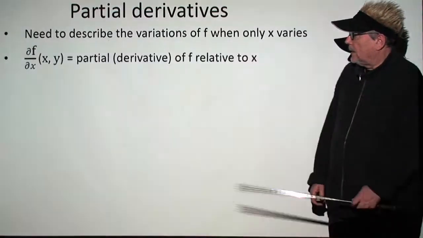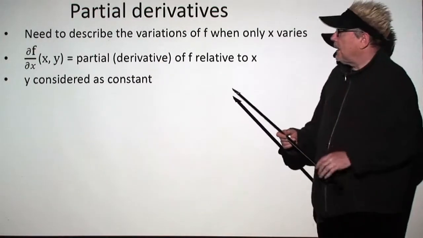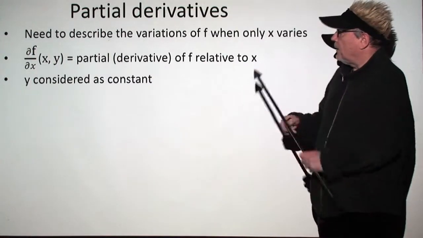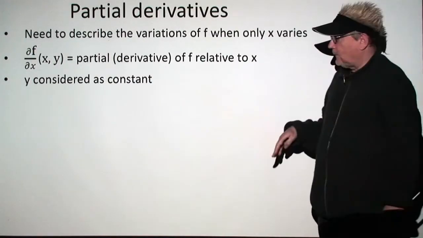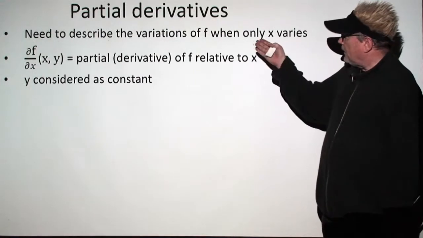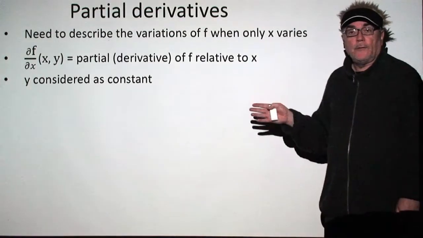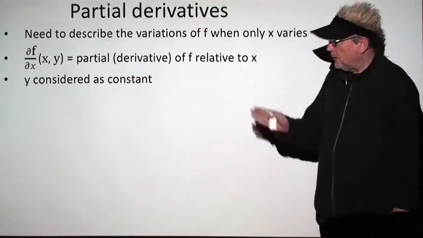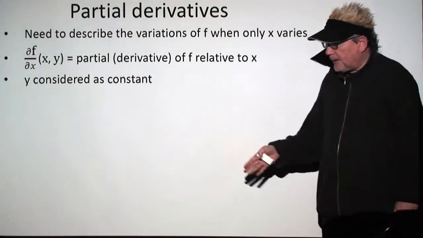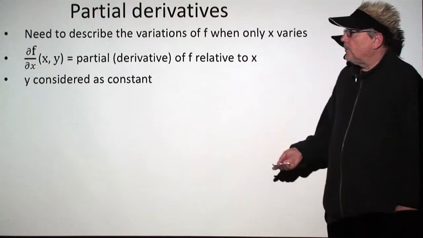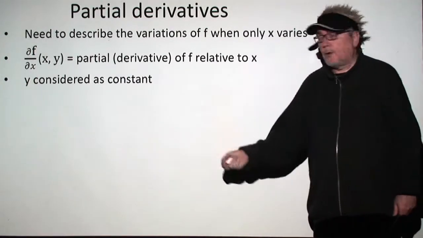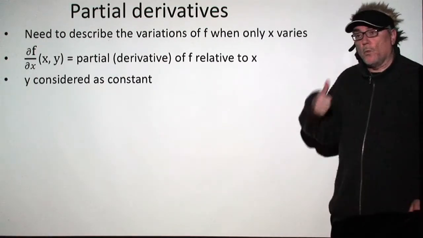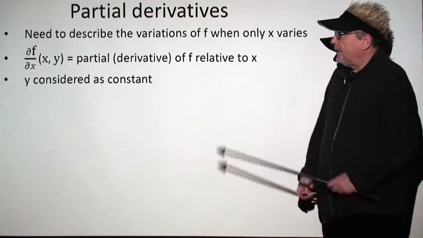Now, how do we do that? Well, what we need in order to do that is to describe the variation of this function. The surface is given by a function when only x varies. In other words, you keep y constant, and you just make the x vary and see what happens with the derivative of this particular function, which is now a one variable function. And that's what you get.